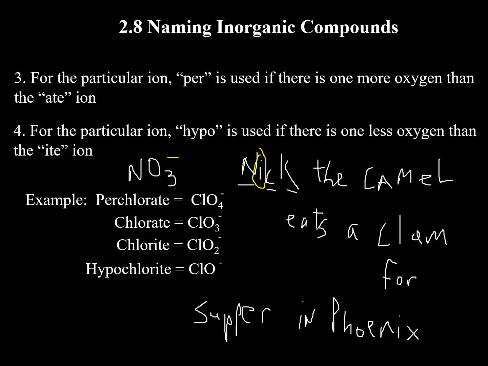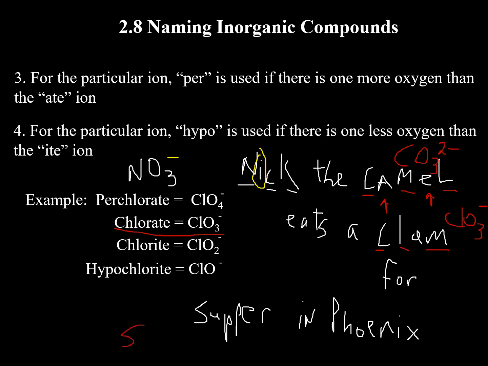For camel, which is carbonate, CO3, because there's 3 consonants, and 2 vowels, CO3 2-. Clam is for chlorate. The answer is right here for you. But chlorate has 3 consonants, ClO3. And how many vowels? 1 vowel, so minus.